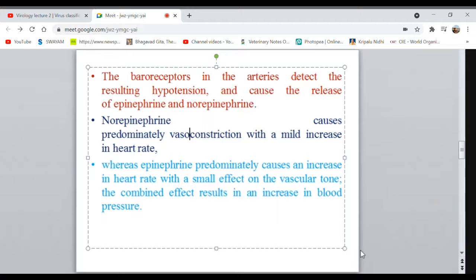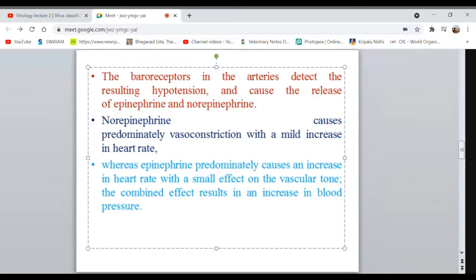Combined, both the effects result in an increase in the blood pressure. These are the events that occur during the compensatory phase of the shock.